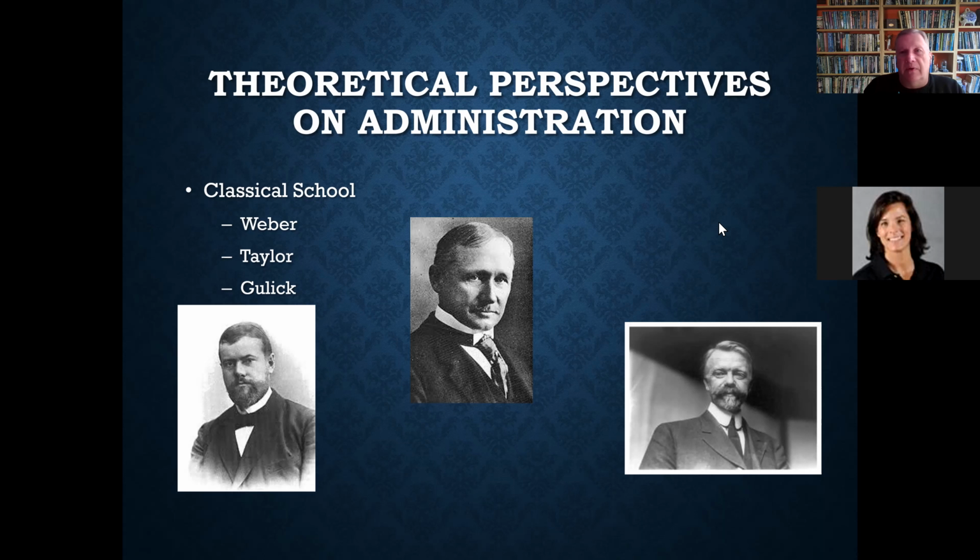There needs to be some distinction, some uniqueness, in order to truly be an academic discipline. And I'm leaving it up to you to form your own opinion as to whether or not public administration is a discipline or merely a field of study.